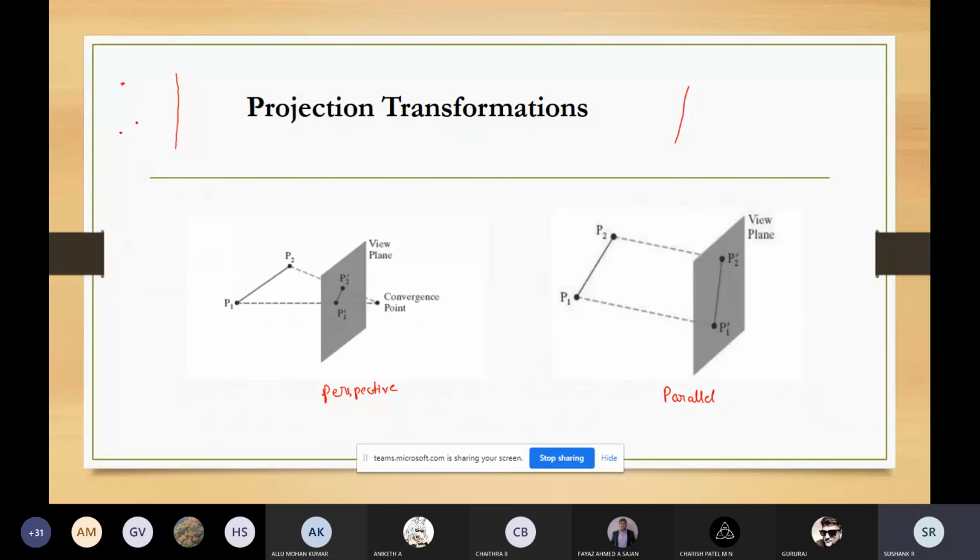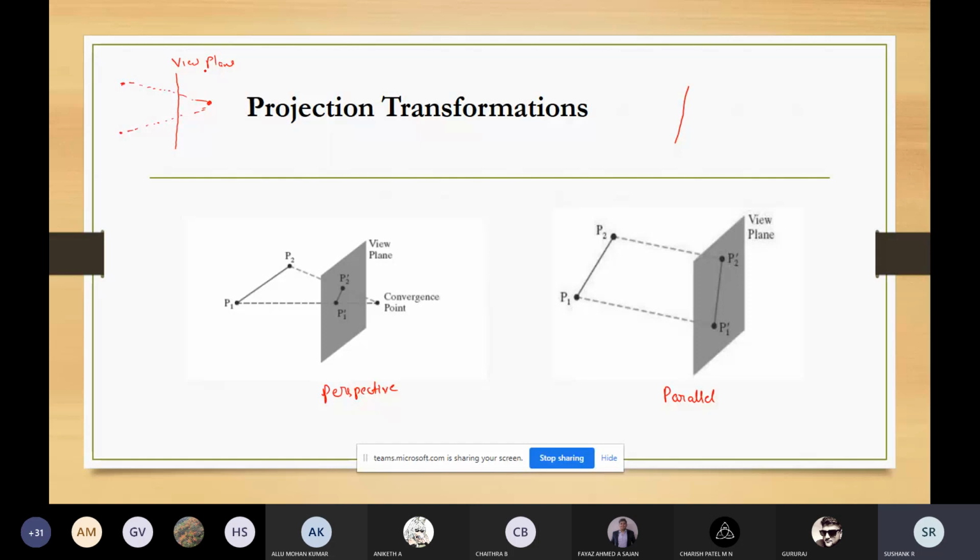They're plotting some lines where these two lines will meet at some point beyond this view plane. So this is the view plane. These two lines will meet at some point behind or beyond the view plane.